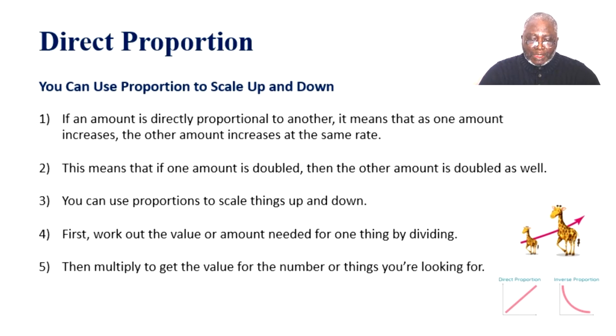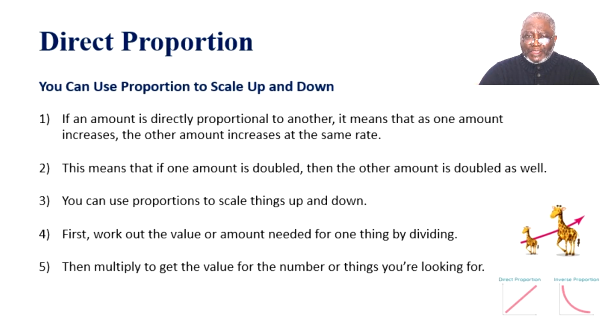This means that if one amount is doubled, then the other amount is doubled as well. You can use proportions to scale things up and down. First, work out the value or amount needed for one thing by dividing, then multiply it to get the value for the number of things you're looking for.